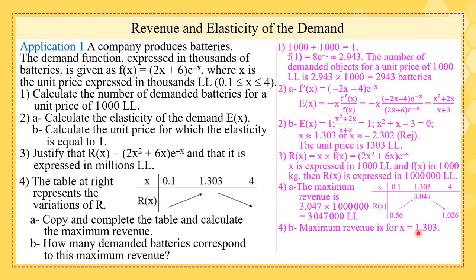Then we replace this price in the demand function, and we get d of 1.303 equals 2.338. Hence, the demanded batteries corresponding to the maximum revenue is 2.338 times 1000, which is equal to 2338 batteries.